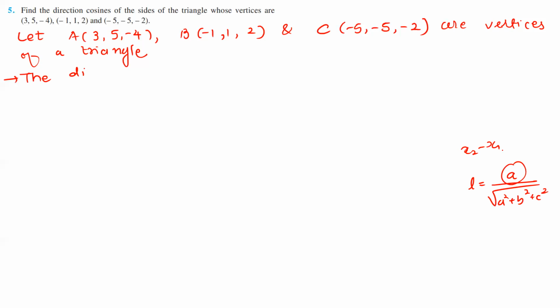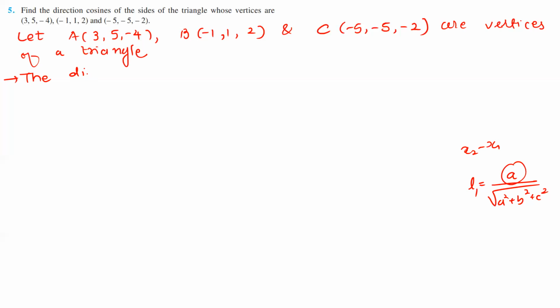That means if you're finding for AB, coordinate of B minus coordinate of A, for the x-axis, y-axis, z-axis. These are your direction ratios A, B, and C, and then we substitute in L, M, and N. We have to find this three times: L1, M1, N1, L2, M2, N2, L3, M3, N3. This is the last question, which is lengthy, but it's very simple.